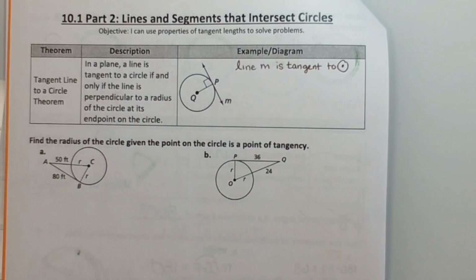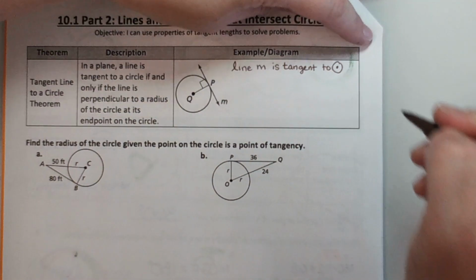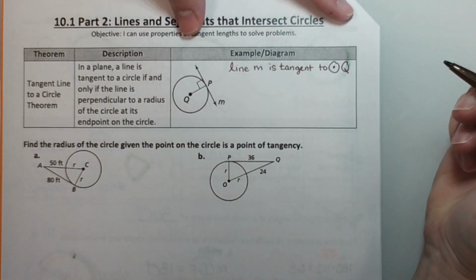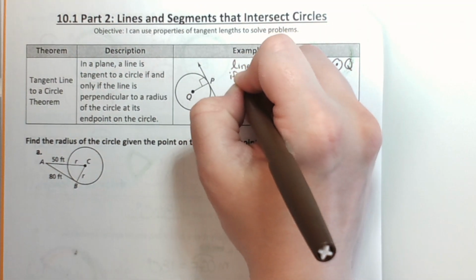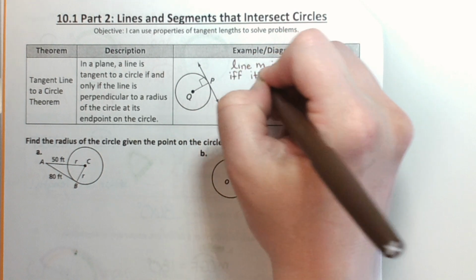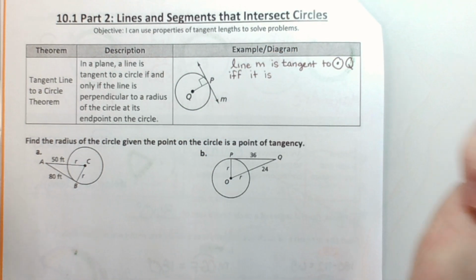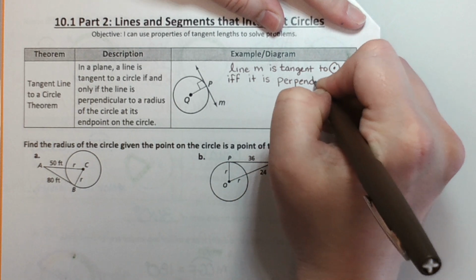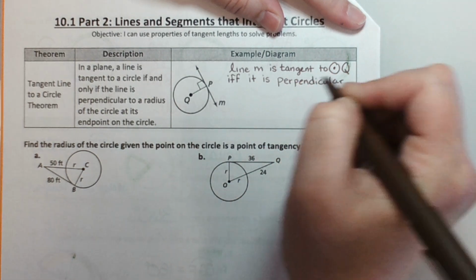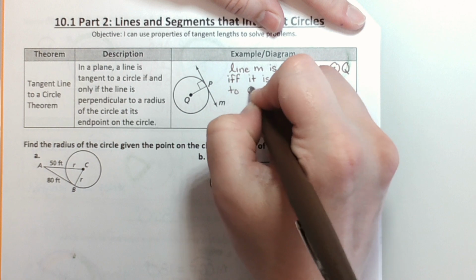What's the name of this circle? Circle Q. If and only if it is perpendicular to, in this case, QP.